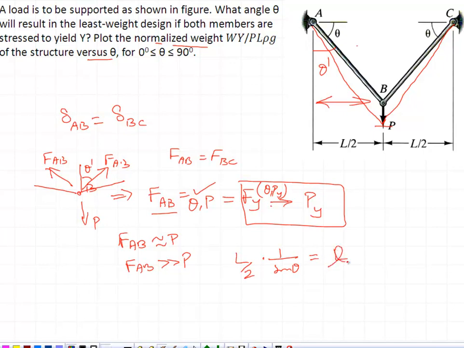As theta becomes smaller and smaller, this length goes up. So l goes up as theta prime comes down.